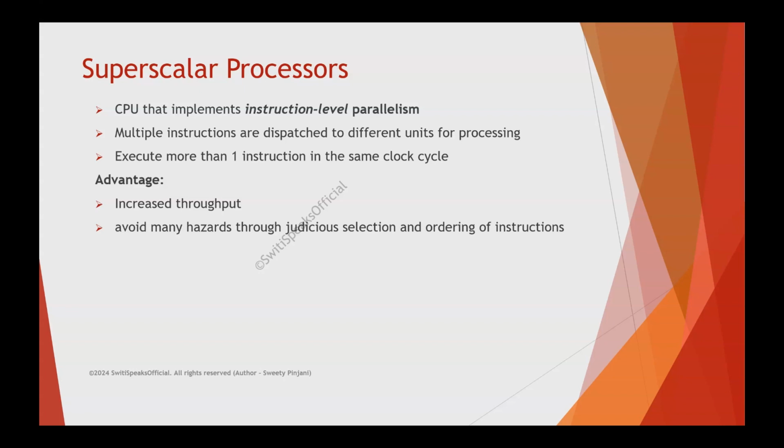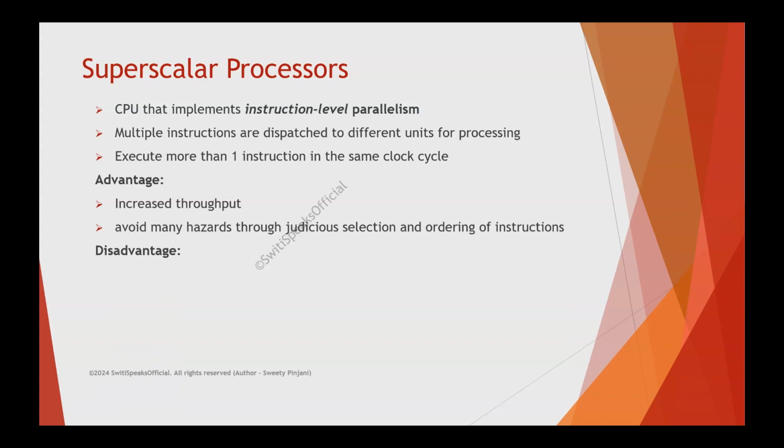We judge very properly how we are going to select and reorder instructions in such a way that there are minimal hazards and minimal dependencies. This is very judicious selection and reordering of instructions to avoid hazards as much as possible. Minimal hazards will be there.